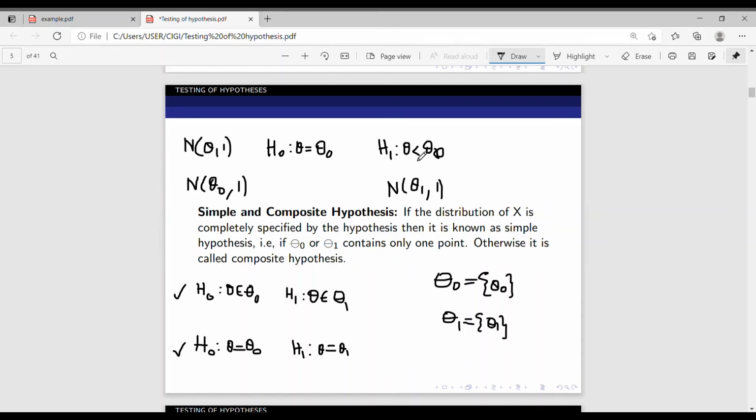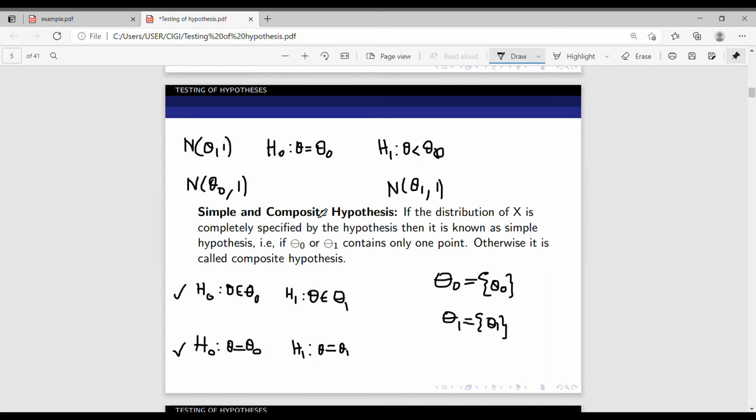Then the only information we have about the unknown parameter theta is that its value is less than theta naught. In such a situation, the distribution of capital X is not completely specified. Such a hypothesis is known as a composite hypothesis. So hypotheses can be classified into simple and composite: if the distribution is completely specified by the hypothesis, then it is simple, otherwise it is composite.